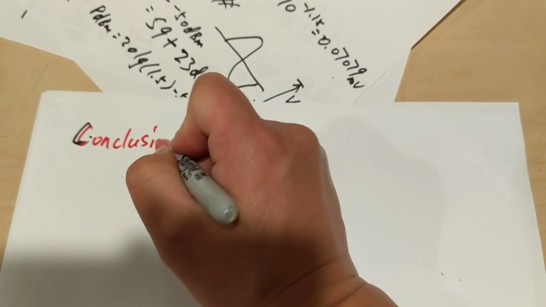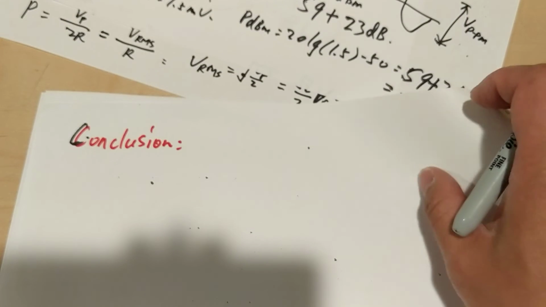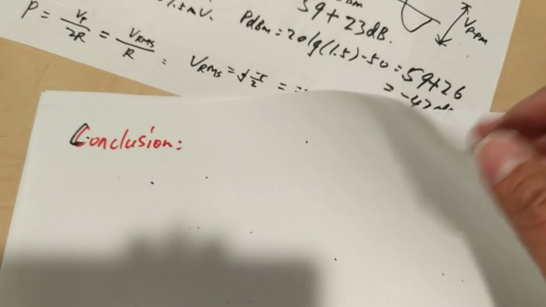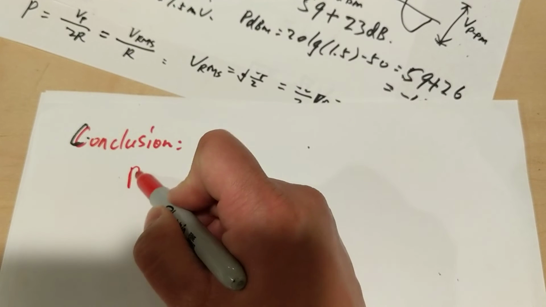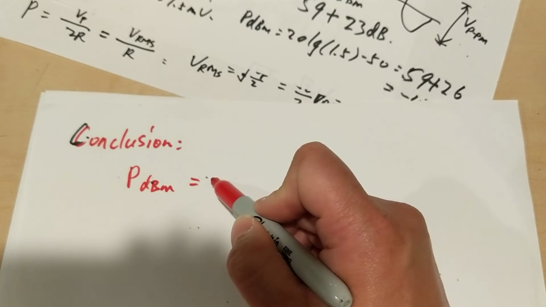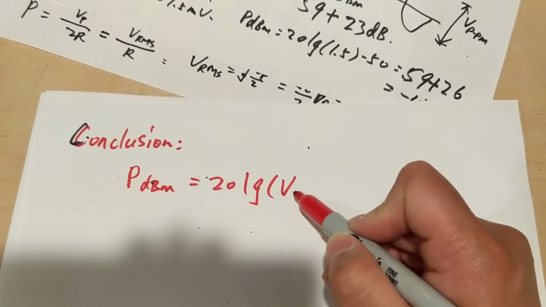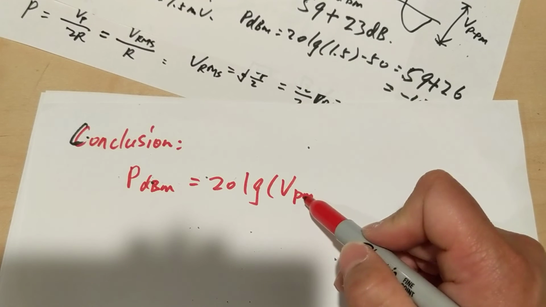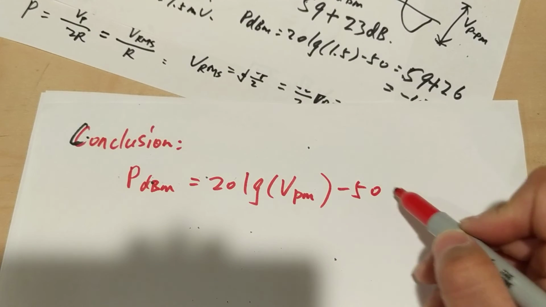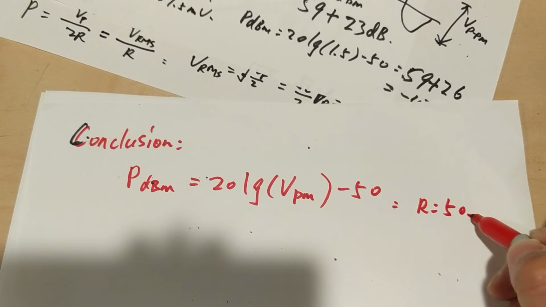The conclusion is that power in dBm scale equals 20 log of the peak value in millivolts minus 50, assuming R equals 50 ohm.